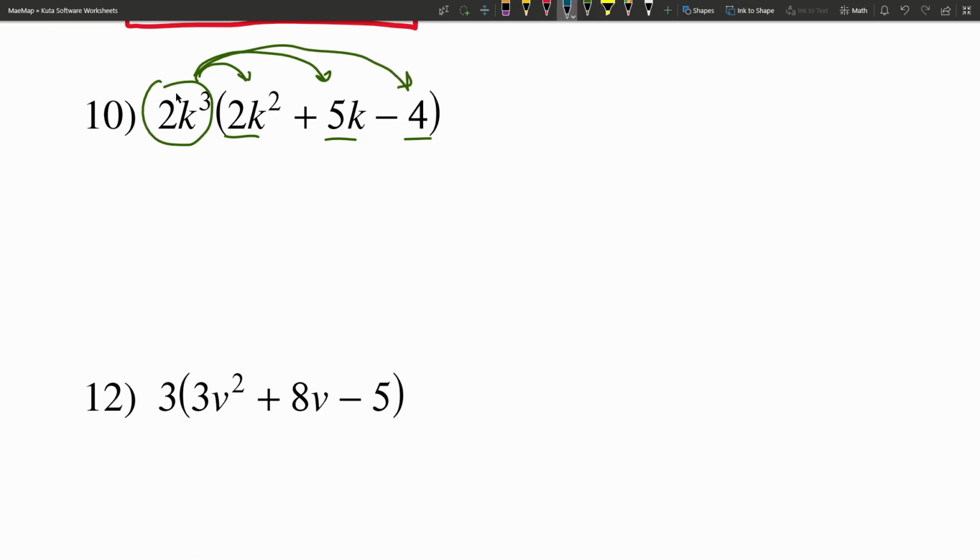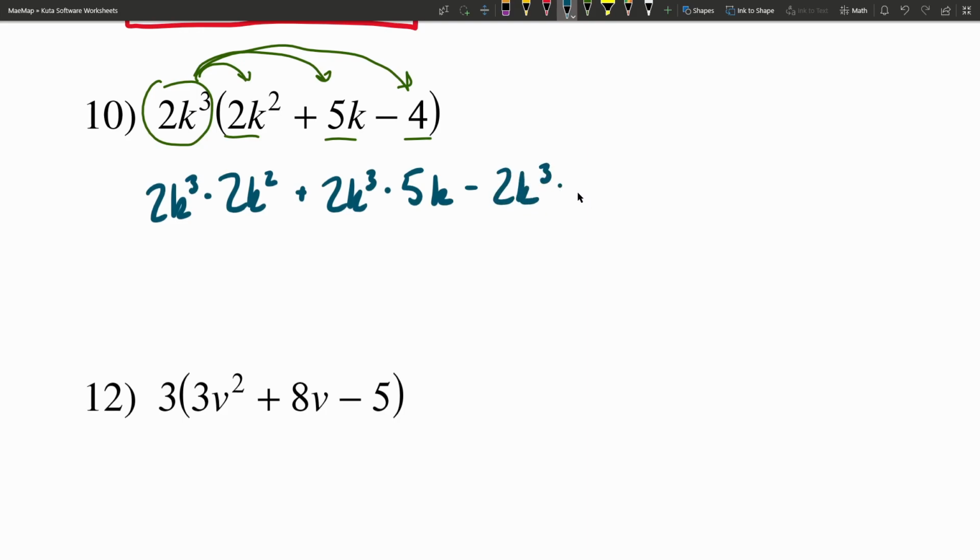So when I write this out, I'm going to have 2k cubed, that's our monomial, times the first term, 2k squared, plus 2k cubed times that second term of 5k, and again, this was addition in between, and then we're going to subtract, so minus 2k cubed times 4. Again, those signs, you're just keeping them in the same order, plus and minus.